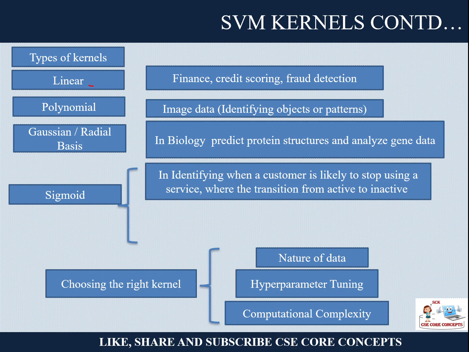Then if you have a customer, and you want to find out whether he is going to stop using a service, where a transition is there. For any customer, if you have transitional data, like earlier he was using, now he is inactive, you can go for a sigmoid kernel.